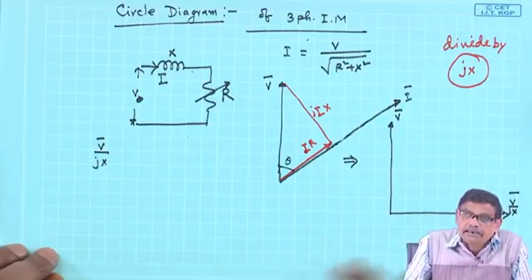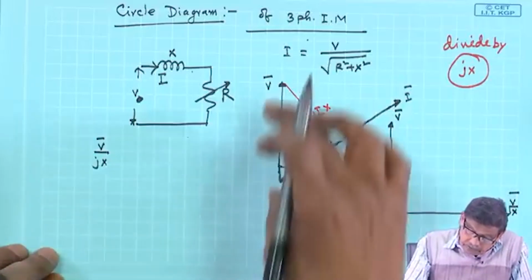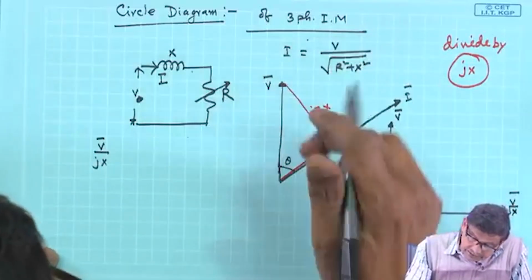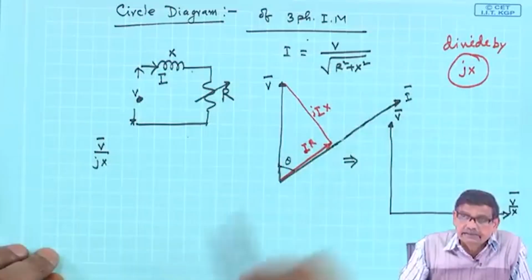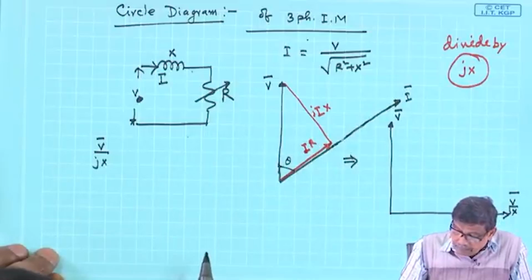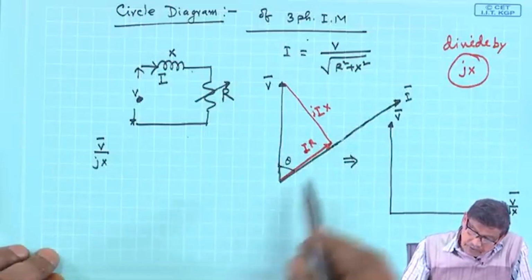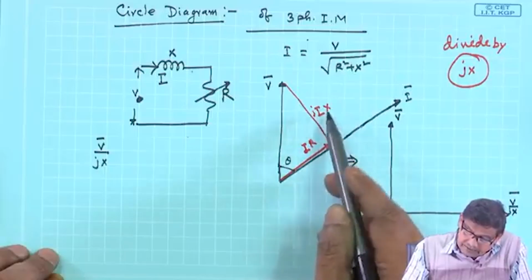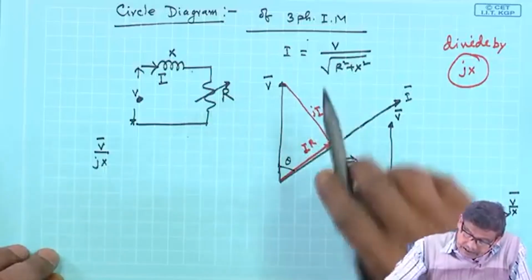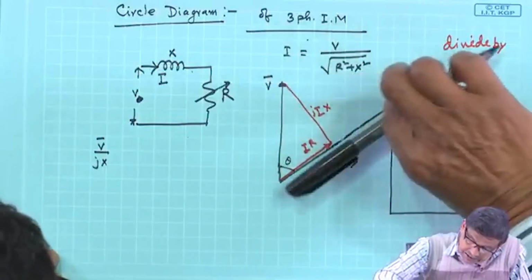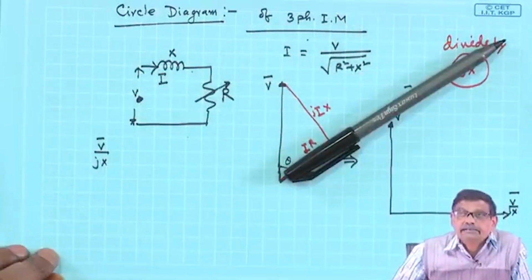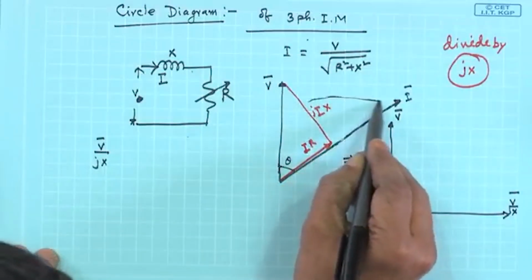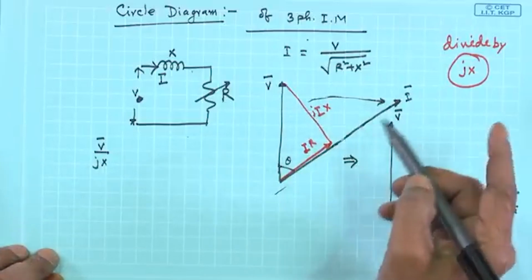This length is V by X. Similarly, this length will be divided by jX. If you divide this current length by jX, it will rotate by 90 degrees and will be like this. This one will be simply this I, that is all.